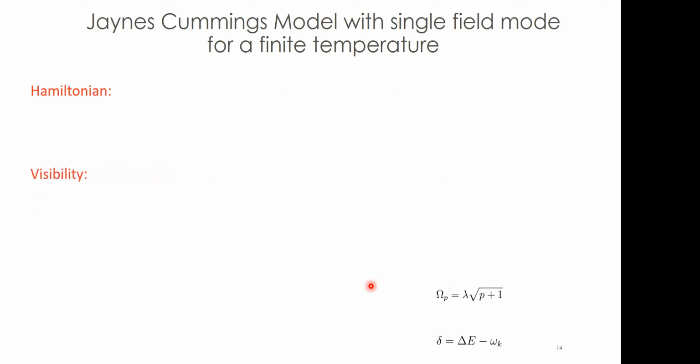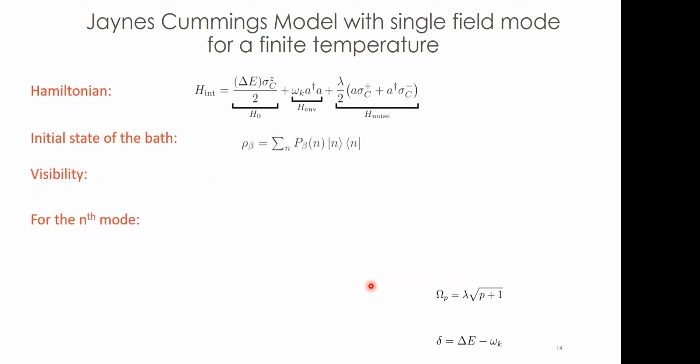What kind of thermal effects? Well, one can say that the initial state of the bath is no more a pure state, but a mixed state. Then the visibility for such mixed clocks, that is the clock plus the environment, which is again a mixed state, can be calculated by this formula, which was highlighted in previous literature.